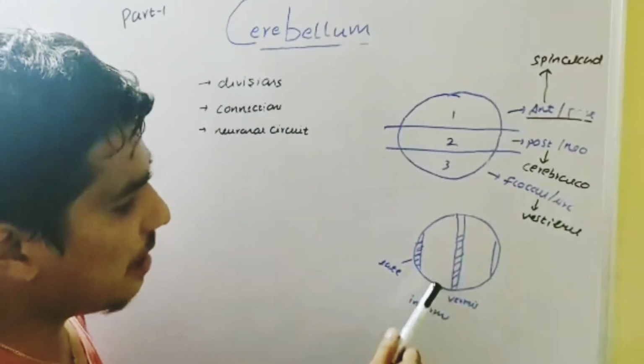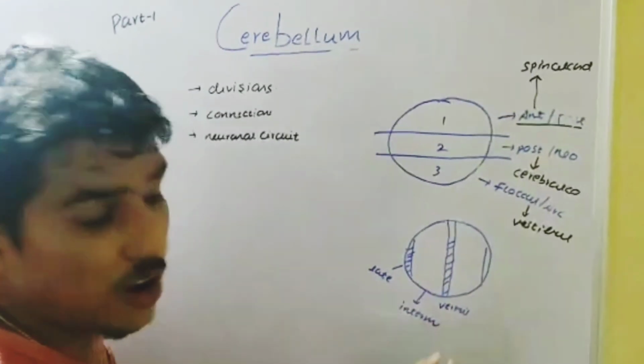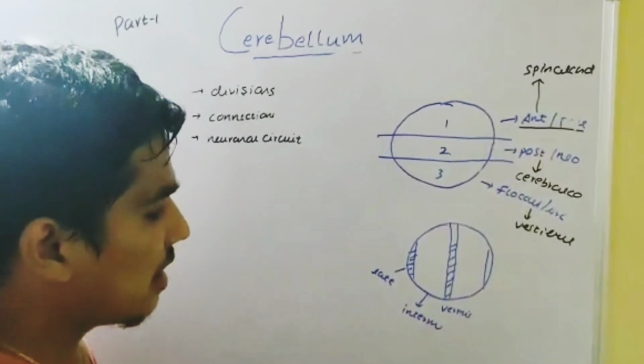Now, why have we named the second classification the functional classification? Because each and every zone is involved in the function of only some things. Let us see.